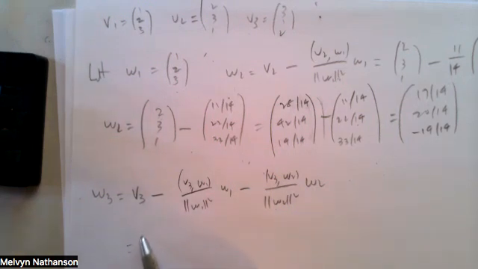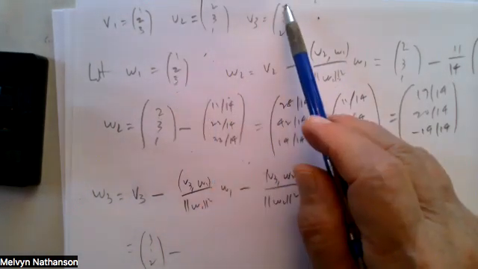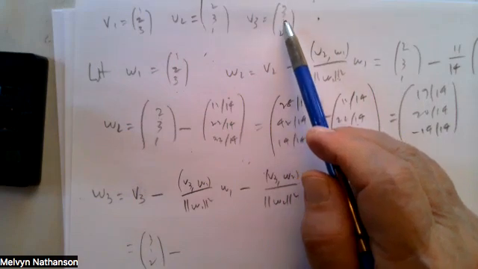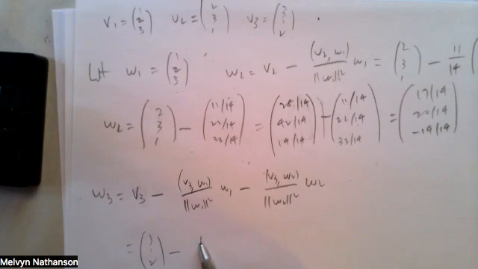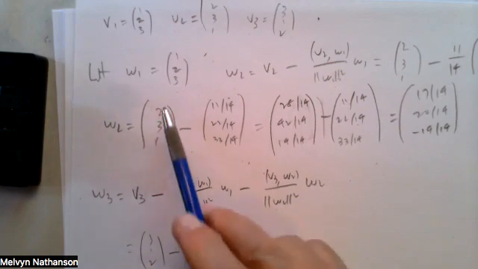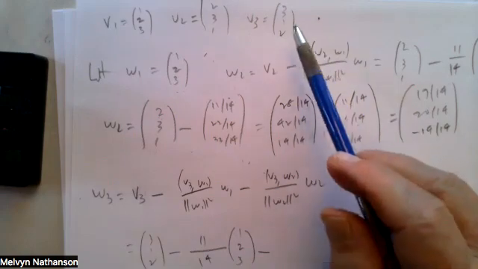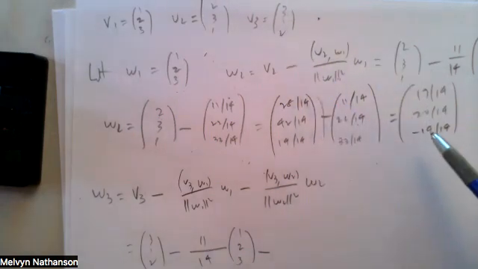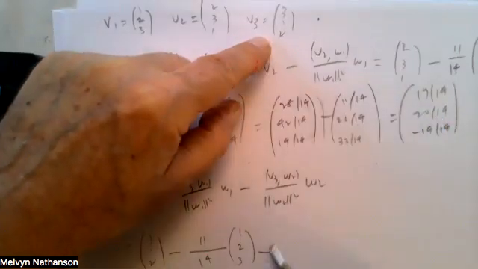V3 is 3, 1, 2. The inner product of V3 and W1 is 3 plus 2 is 5 plus 6 is 11 over the length of W1 squared, which is 14, times 1, 2, 3, minus the inner product of V3 and W2.